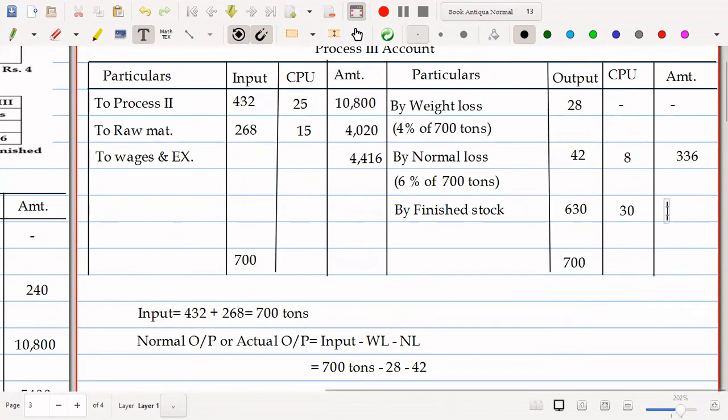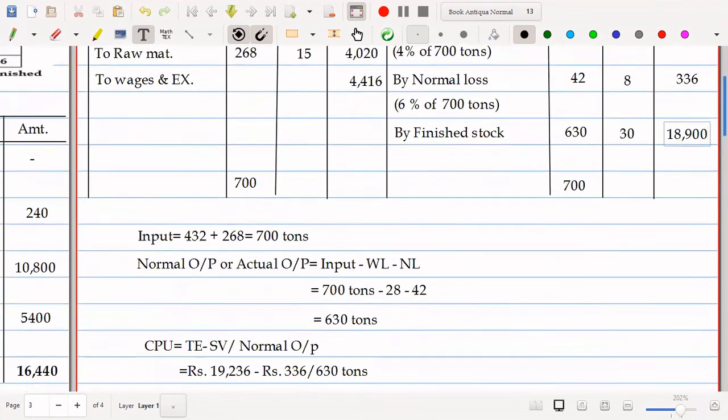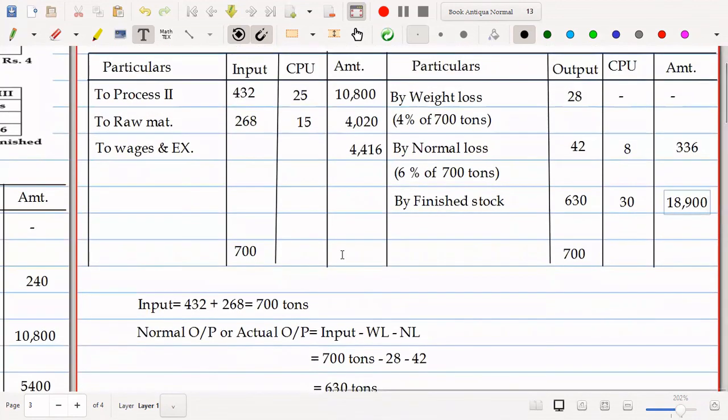630 into 30 comes to 18,900. So what was the total of this? When we calculated here, it was 19,236. Now here also the total should be 19,236. Yes, 19,236.